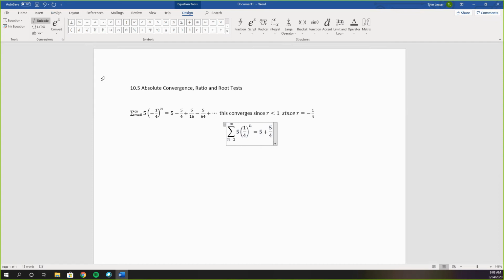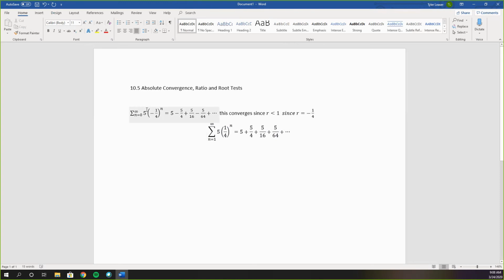It's just that instead of having those negative terms that alternate, we're going to be having just positive terms the whole way down. But this series compared to the other series, it's still a geometric series, and it's still going to converge as n goes to infinity, because our r value is less than 1.